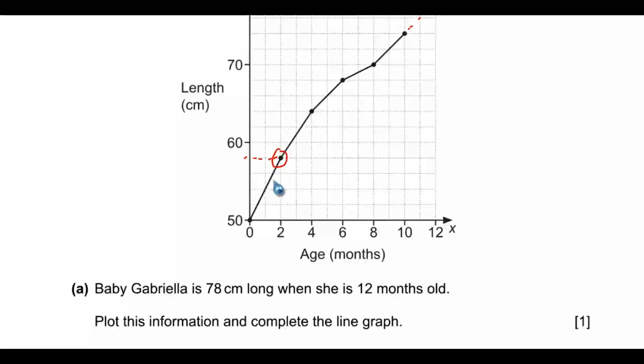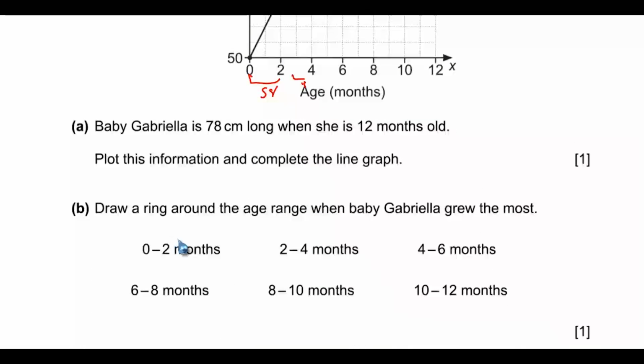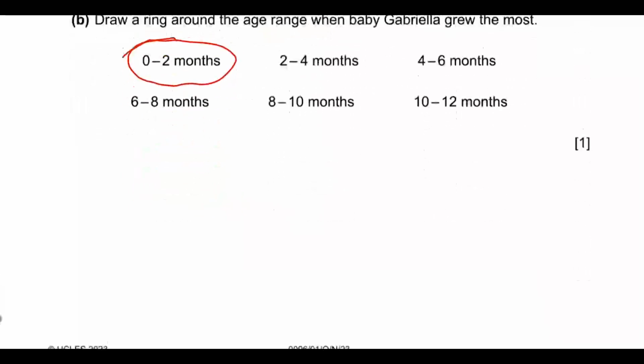For this region, that will be the length. For this one now, this will be 64, so the length will be 4. So I think this is the longest one. Just pick this from 0 to 2 months. That will be the correct answer.